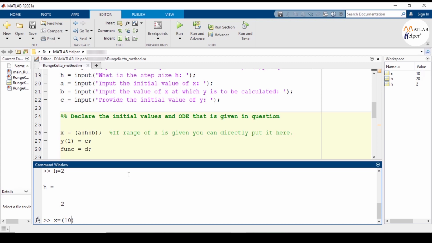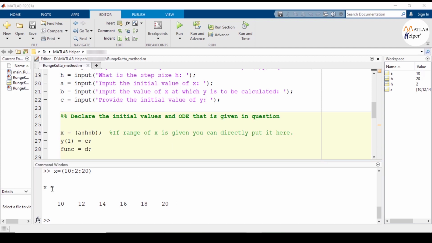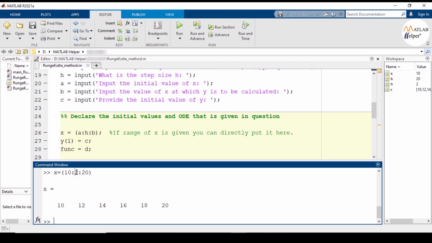So a as 10, h as 2, and b as 20. This gives the output as 10, 12, 14 up to 20. So now the x matrix stores the values between 10 to 20, which are increasing by the value of 2.